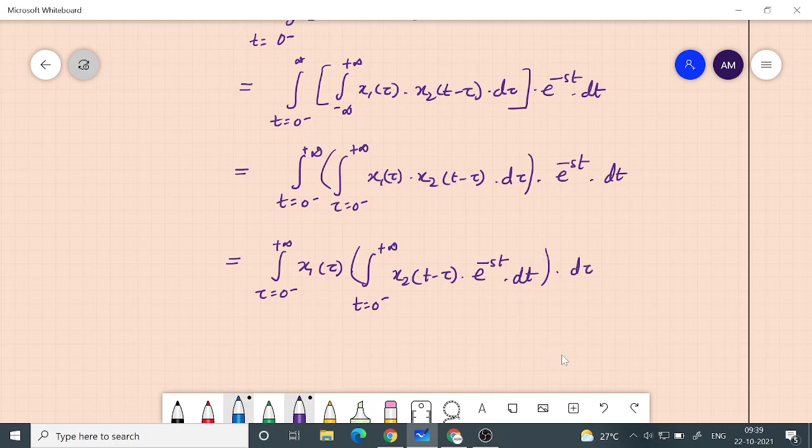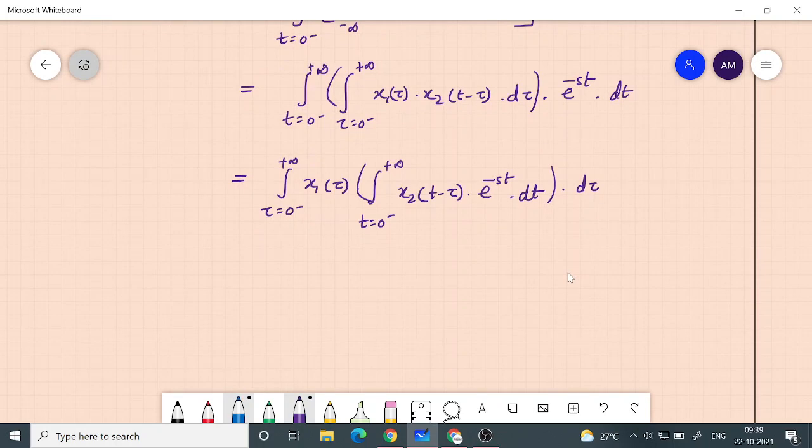Now if you look at what is inside this bracket, there is t minus tau here, and we can bring t minus tau into this expression with a variable transformation.